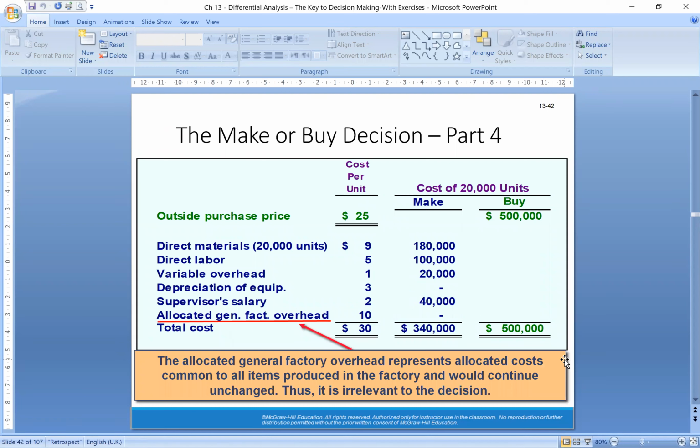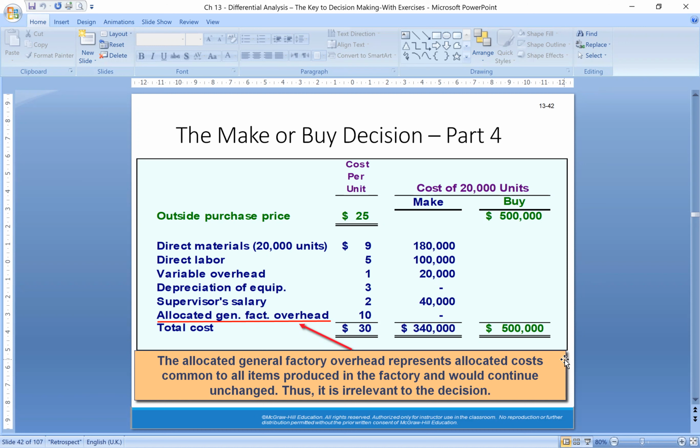The allocated overhead again: most likely the word allocated means we cannot avoid it. Allocated general overhead is $10 per unit, multiplied by 20,000 units.